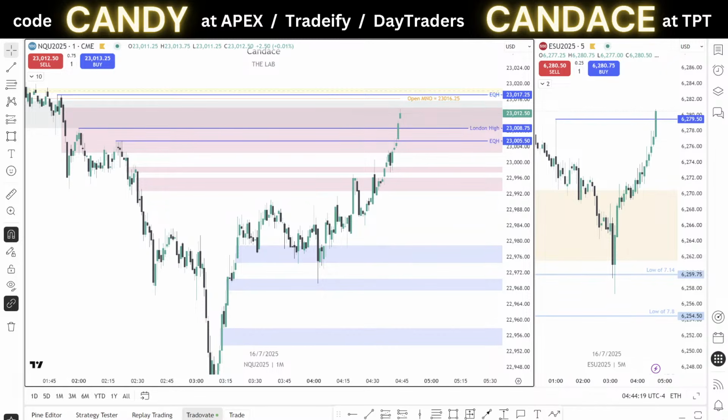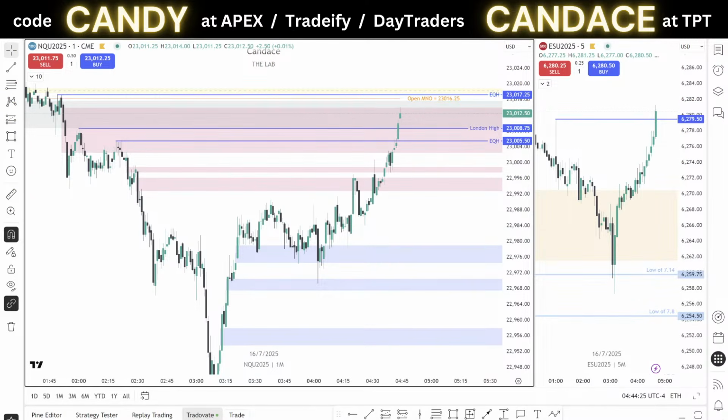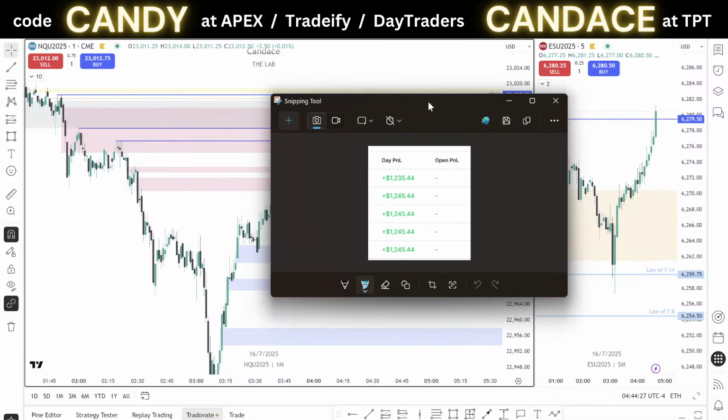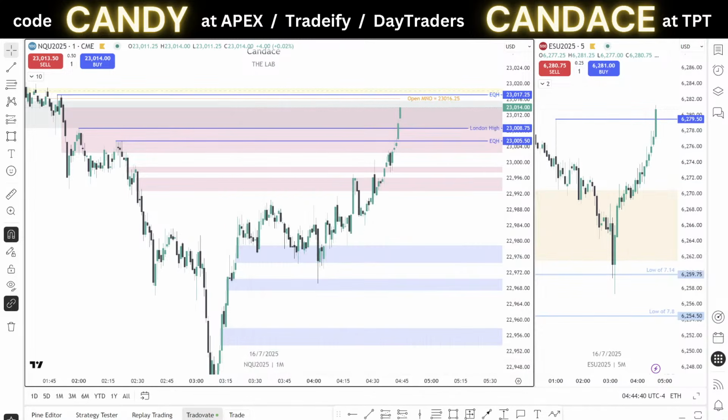I'm using Trade Thinker, the cloud-based trade copier. So you can see that this is today's profit. I didn't show you the whole page because it had my account number, everything. But this is what we got, and also I can show you the trade.